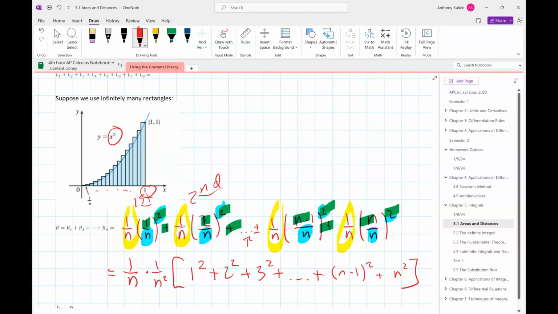That's the second rectangle. Dot, dot, dot. This is the n minus 1th rectangle and the nth rectangle. We're doing this arbitrarily. We've split it into n subdivisions. So we have the first one, the second one, the third one, the fourth one, the fifth one, all the way out to n minus 1 and then the nth one. Oh, I get it. Got it. Okay, thank you.